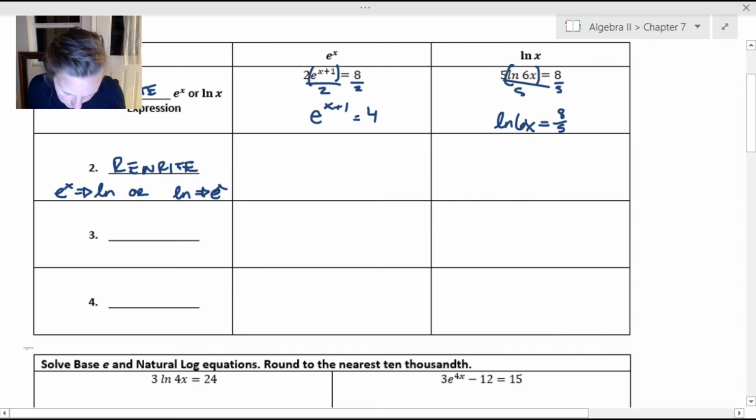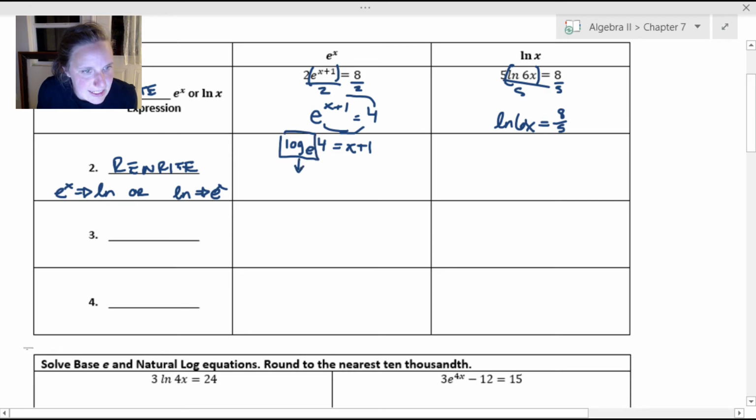Alright, so remember this one would be log base e. Yeah, we're doing the swoop-de-doop. Log base e of 4 is equal to x plus 1. And then remember, I can rewrite the natural log, that is what the natural log is. The natural log of 4 is x plus 1.